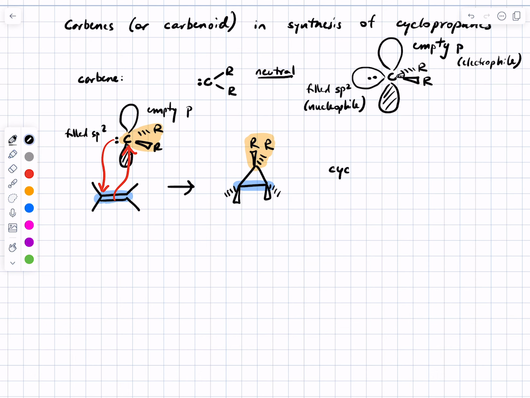And this is called a cyclopropanation reaction.